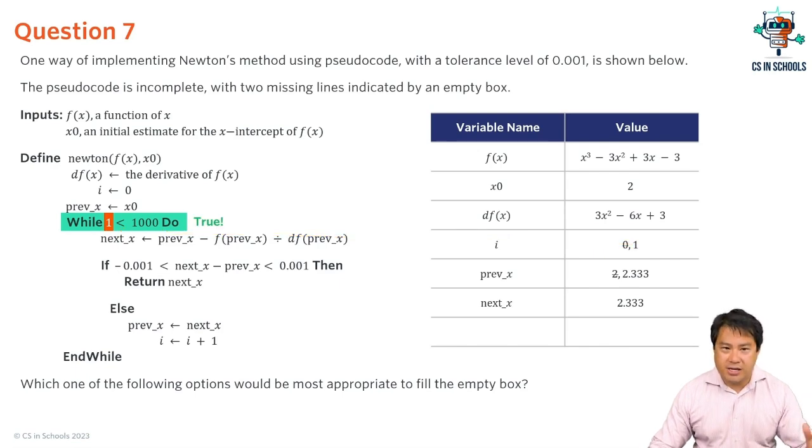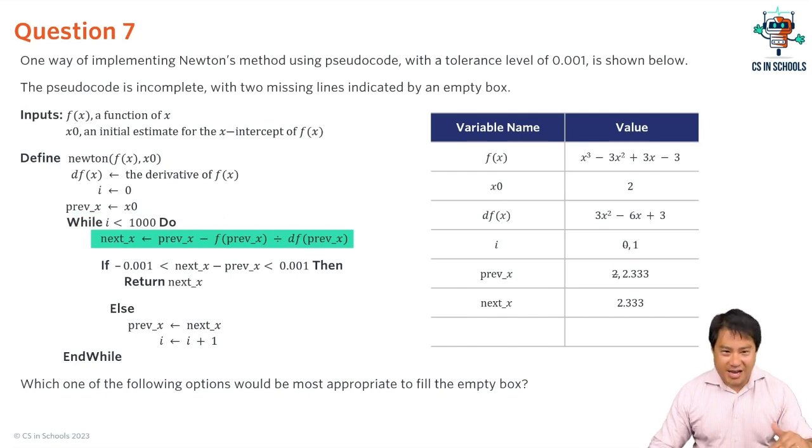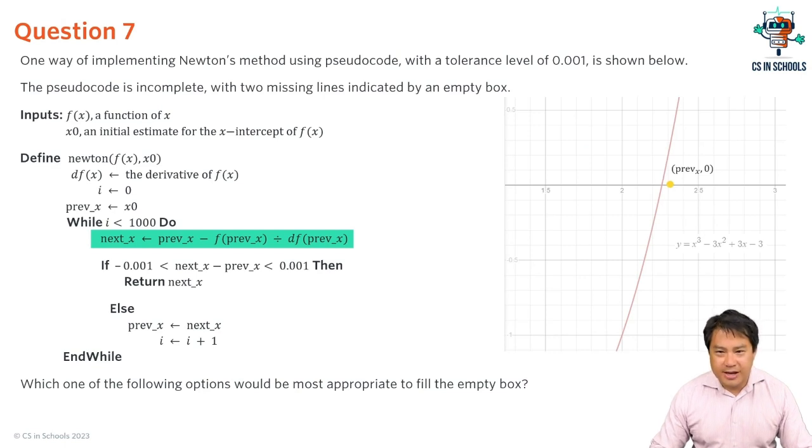That means we go back into our while loop. And now we're going to estimate our next value of x, using the previous value of x, which was the estimate from last time. So let's take a look here. Our previous value of x, that's the value of the function evaluated at that point.